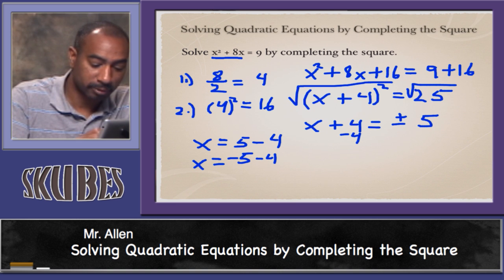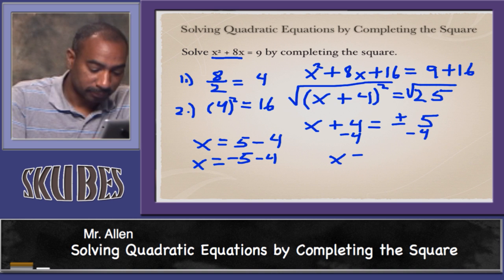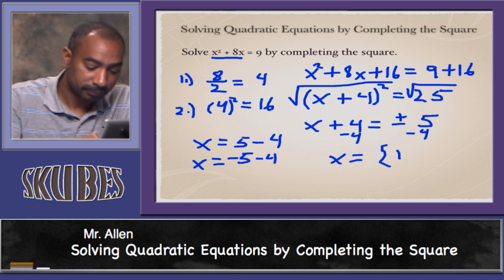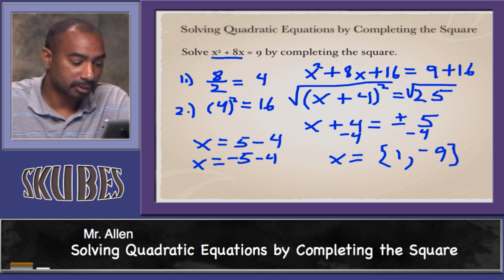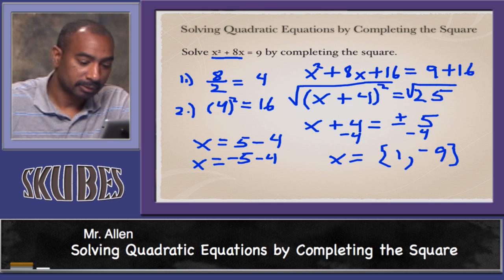Remember, I just simply subtract 4 to both sides. So x could equal 5 minus 4 is 1, and negative 5 minus 4 is negative 9. And these are your solutions to this equation.